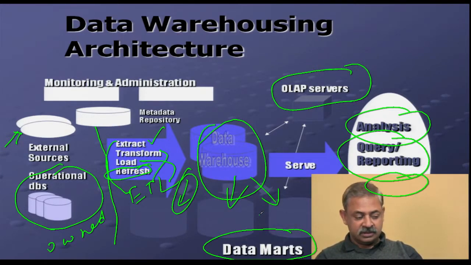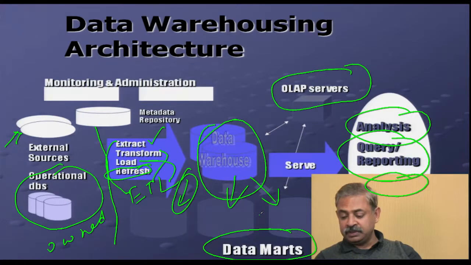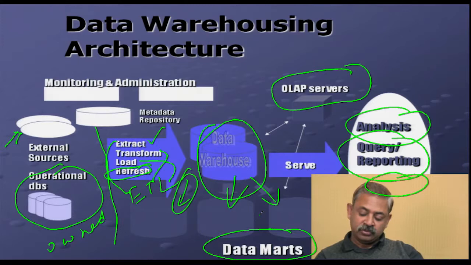Data marts are subsets of data warehouses which are smaller in scope and size, and they require fewer resources, so they are easy to build. In the bottom-up approach, we first build these data marts and then integrate them to get the data warehouse.